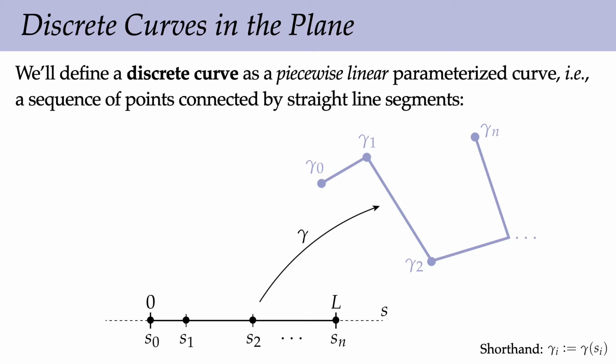So we can think of this as a continuous map from 0 to L into the plane, or we can just think of it as connecting up the dots. And as shorthand, we'll say that the position assigned to the point s_i in the interval 0 to L is going to be called just gamma_i.